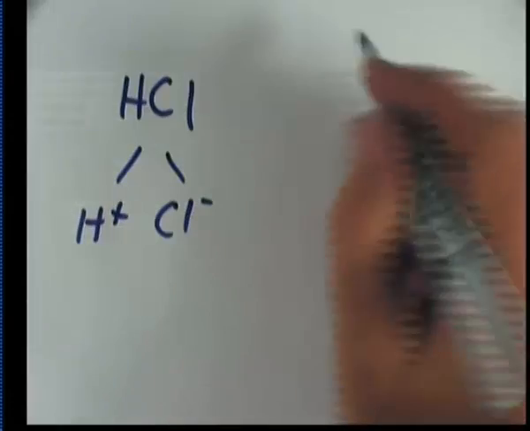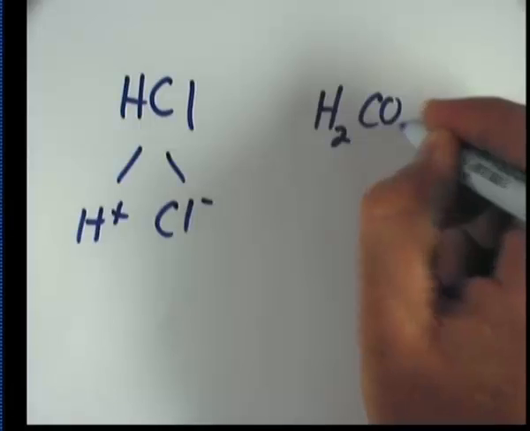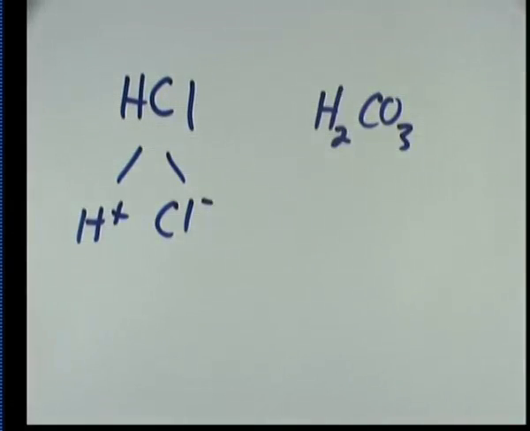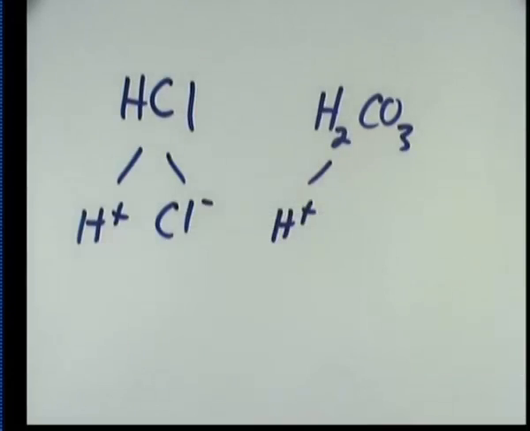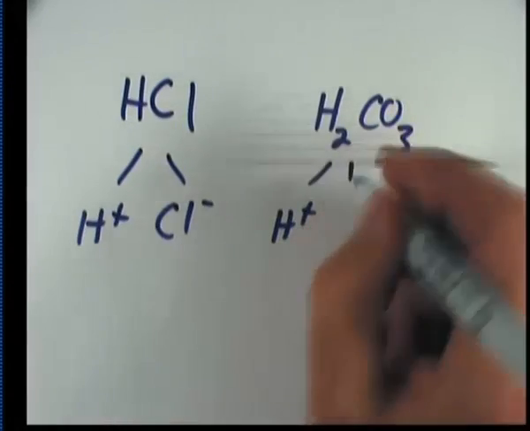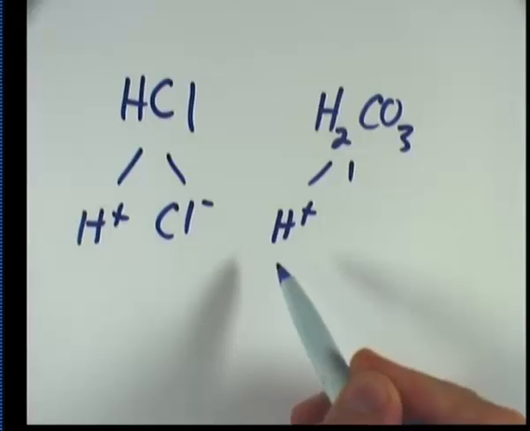Then we have a situation, this is one we're going to talk about, which is carbonic acid. If we place this in water, we do get these. Therefore, what does it make it? An acid.